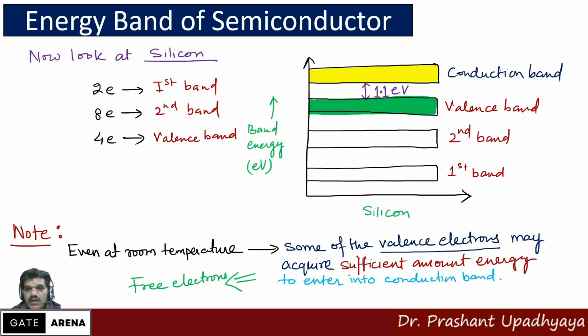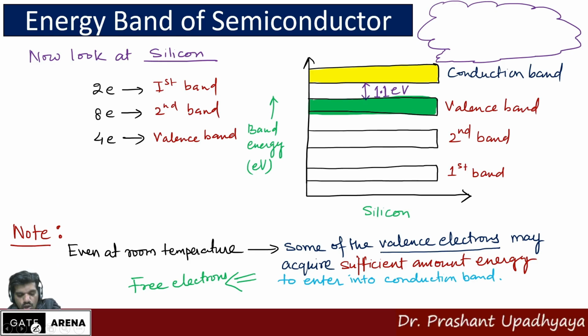We have to make a note here that the number of free electrons available at room temperature is very small. So at room temperature, silicon and germanium are neither good conductors nor good insulators.